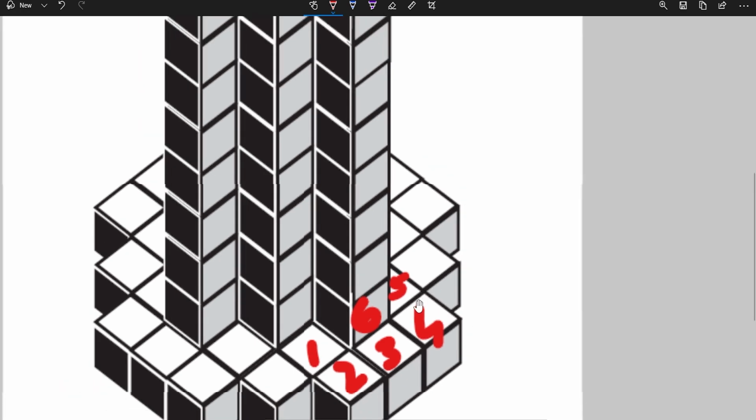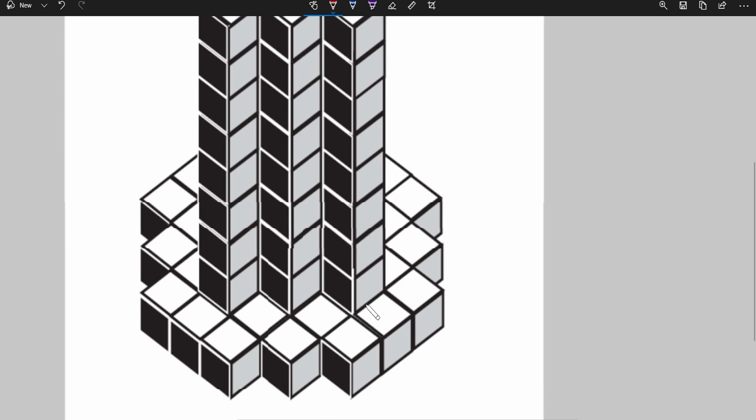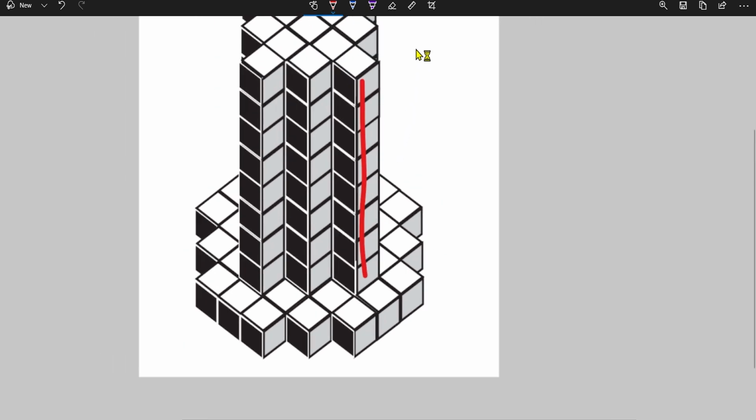Till here, are you good? Yes, yes. Okay. And then the total is 9, but the bottom layer we are not counting because you've already taken it into account over here. So how many are left in this vertical column that you have right here? 8.